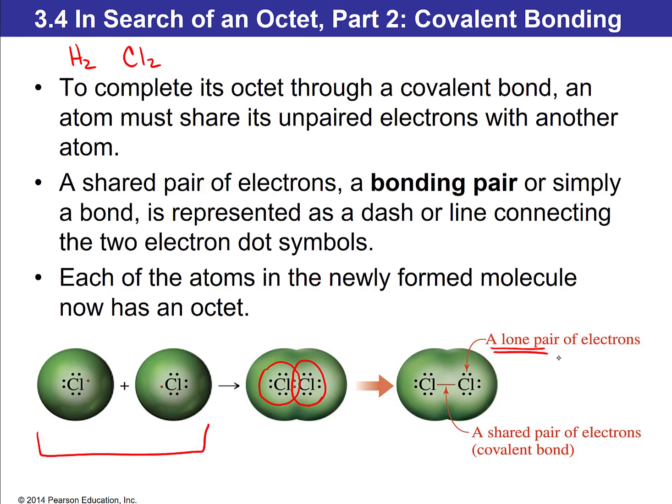The shared pair spans between, but any other electrons do not get put in that space between. They're sometimes called lone electrons or non-bonding. I kind of like non-bonding because it makes me think those ones are just off by themselves. Those ones just belong to one atom. They don't participate in a covalent bond.